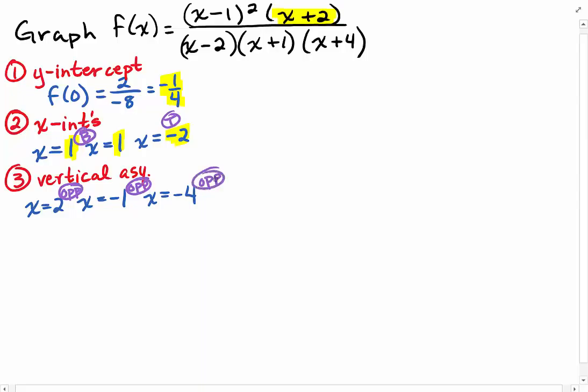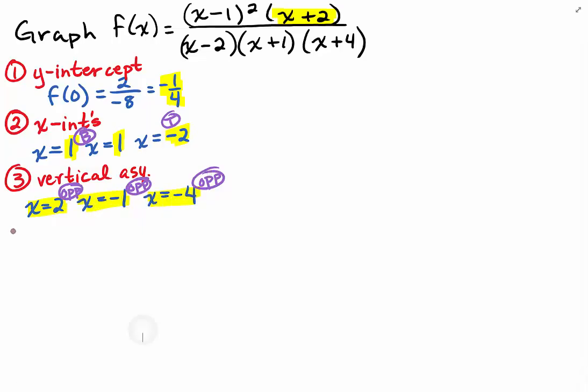If the multiplicity had been even, then we would classify them as the same type of asymptote, meaning that the graph goes up on one side and up on the other, or down and down, to infinity and infinity, or to negative infinity and negative infinity. But all of these are opposite asymptotes. And so that will help us graph this ultimately.